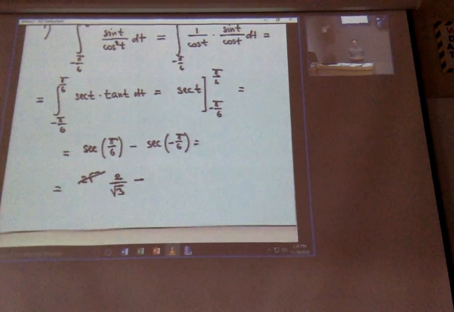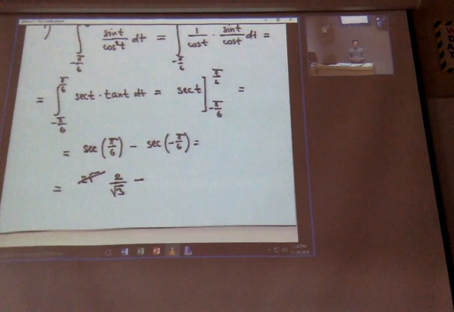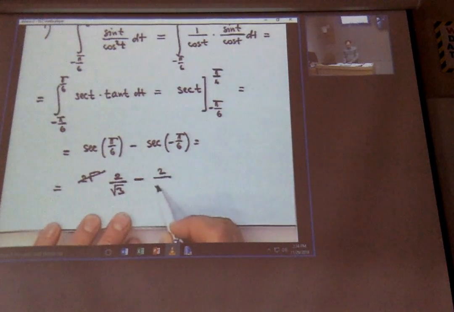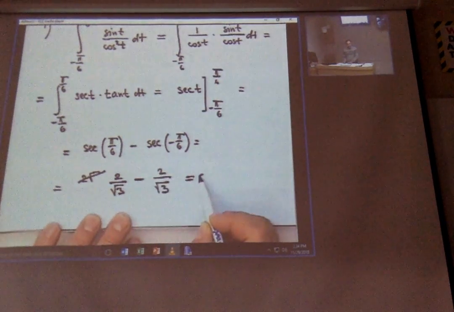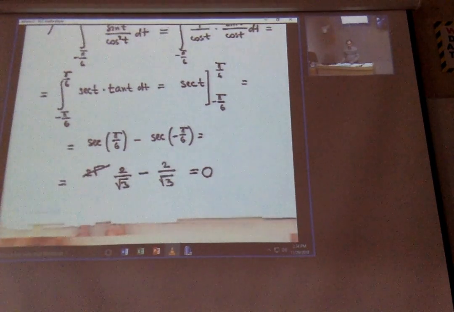Well, let's think about this. Secant is 1 over what? Cosine, right? And cosine is an even function, so you should get the same value for secant of negative pi over 6. It will be the same, 2 over square root of 3. So the answer will be what? 0. Okay?